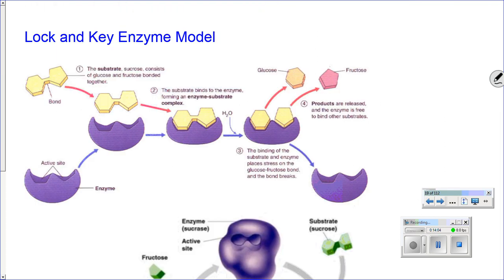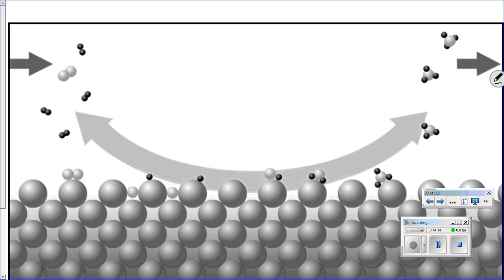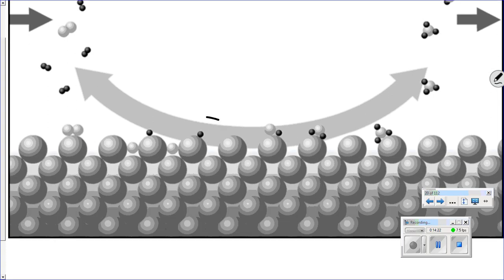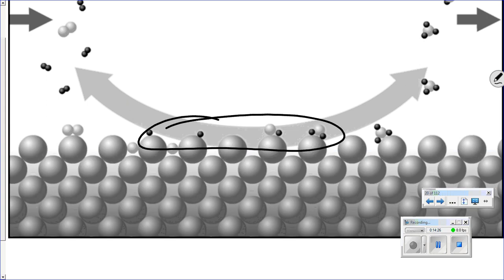You guys might have learned about lock and key enzymes. Enzymes actually hold on to molecules and help either break them apart or hold them together so that they're able to react. And this is another catalyst site diagram where you see you have the surface area right around here that kind of holds on to molecules and helps them react with one another.